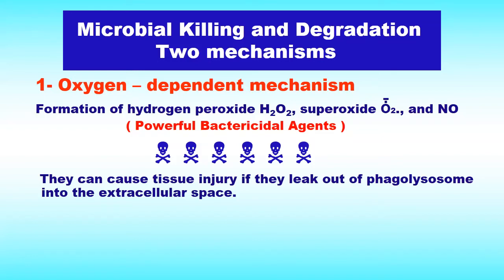Phagocytosis stimulates the oxidative burst in the phagolysosome with the production of reactive oxygen metabolites, or reactive oxygen species or oxygen-free radicals, such as hydrogen peroxide and superoxide, in addition to nitric oxide.